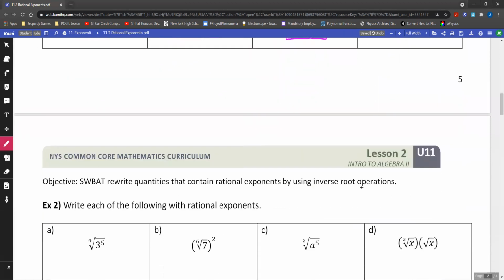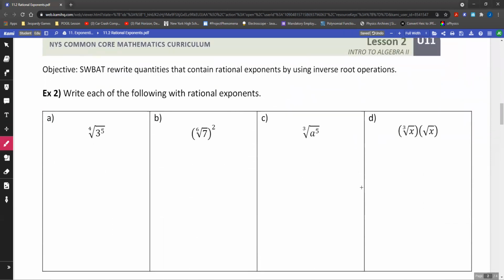All right. If I scroll down some more, we could see some more where now we're actually going the opposite way. So here, the 4th outside the root means that it's going to be 1/4. So 5 is in the numerator since that's my power, and 4 is in the denominator since that's my root.